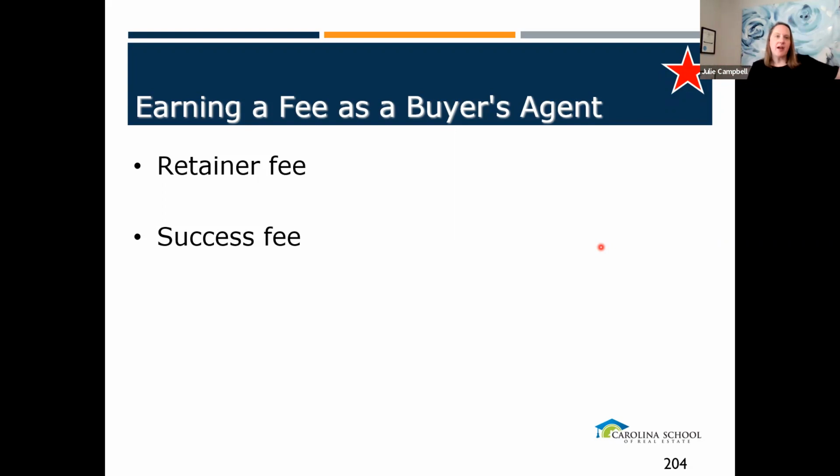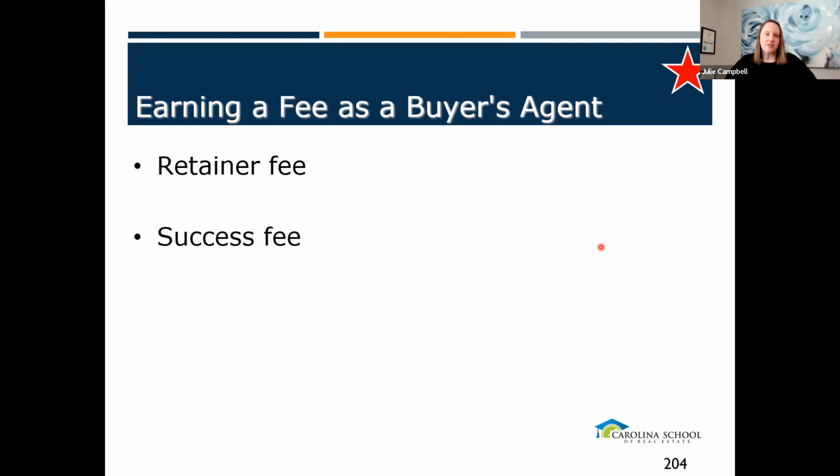So you pay me X amount, I'm going to share with whomever brings the buyer. If the seller doesn't hire a firm, if the seller's unrepresented, the seller's a for sale by owner, they may or may not pay the commission. They may or may not pay the buyer's agent.